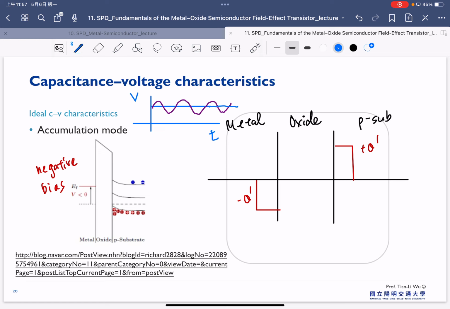So now we have this kind of AC signal, and this is dV. That means at a certain moment, this one is equal to V plus dV, and this moment is equal to V minus dV.